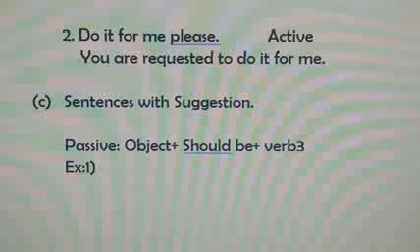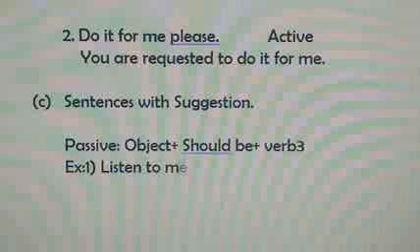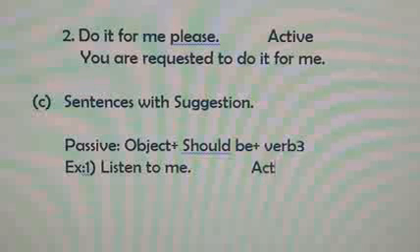The first one is: listen to me. Listen to me. This sentence, my dear children, is in the group of active. Okay. And now what I'm going to do? I'm going to convert it into passive.